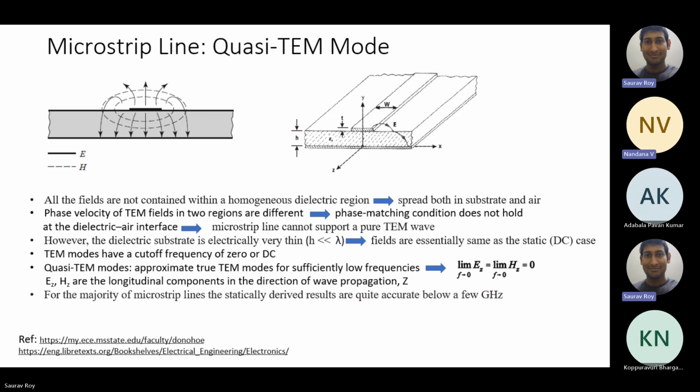So obviously the phase matching condition will not hold. If the wave propagates between these two media and the phase matching condition does not hold, that means the boundary condition does not hold, so the wave does not exist. It does not follow Maxwell's rules. That's why a pure TEM wave cannot hold here. Okay.